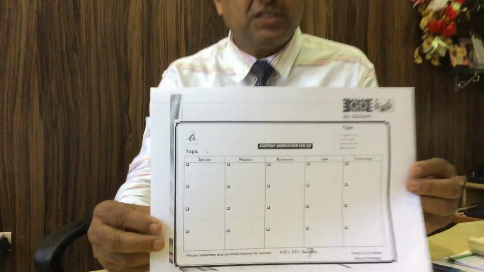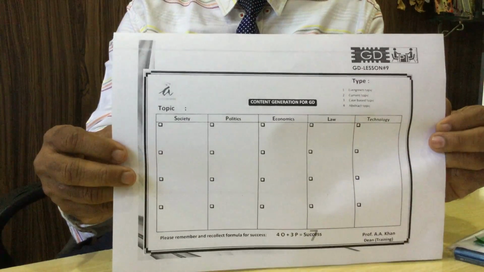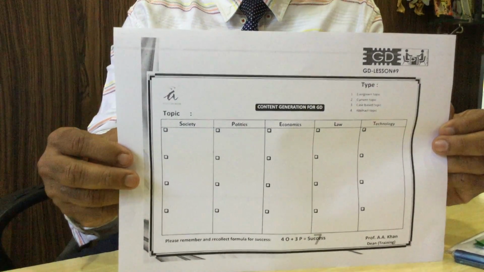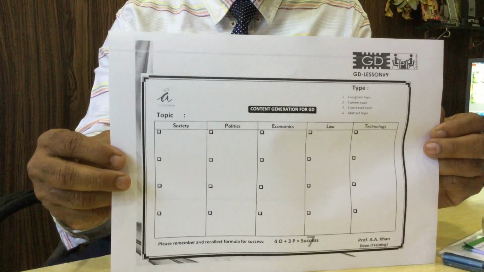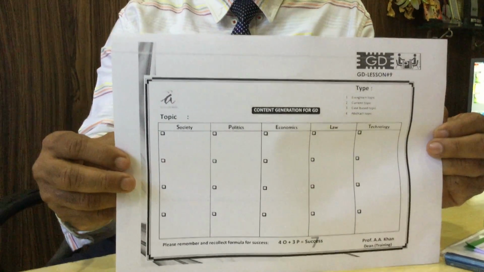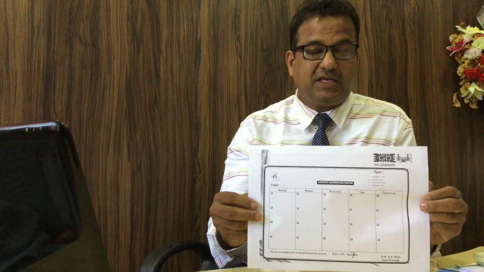I am just showing you this. Just look at this, then I'll explain everything. This is called the content generation technique, designed and developed by GDPR.in. And once you develop this kind of GDPR.in format, I think nobody is going to beat you, and everything depends on this. First, always remember what kind of topic has been provided by the jury, whether it's an abstract topic, controversial topic, current topic, evergreen topic, or case-based topic.